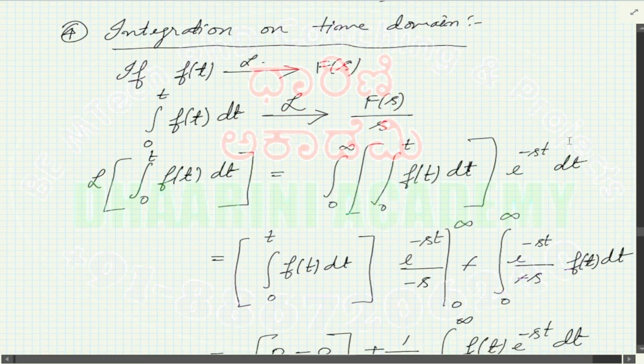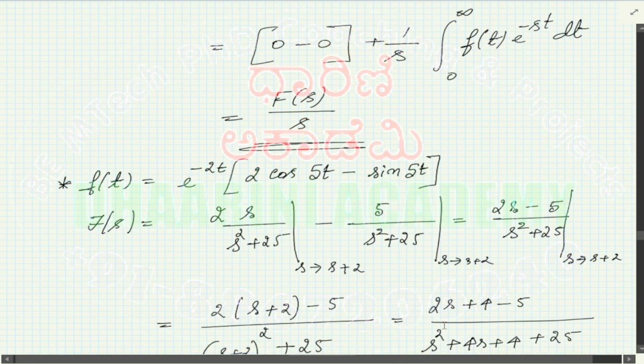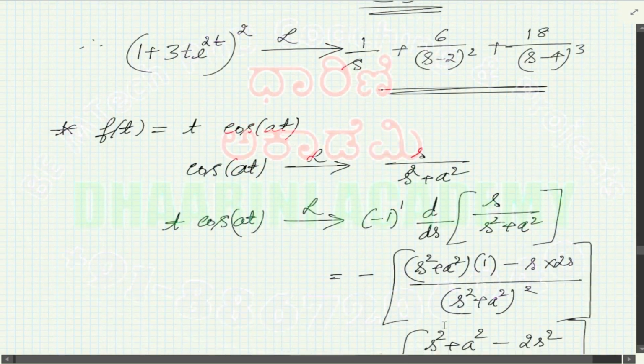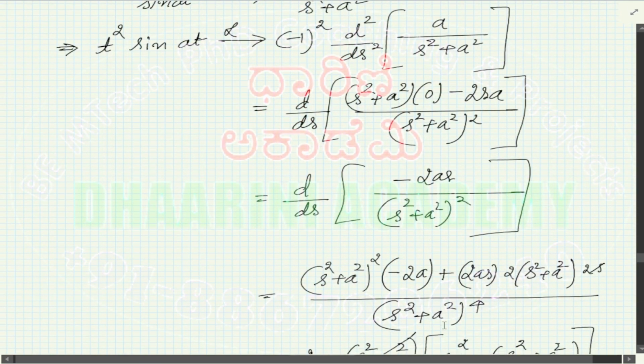See this one here. We have integration 0 to t some function dt, which means you simply consider the original f of s divided by s. Okay, that's a different property, correct?